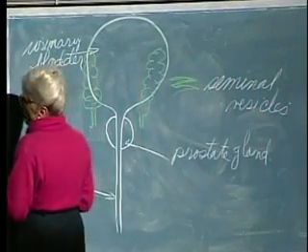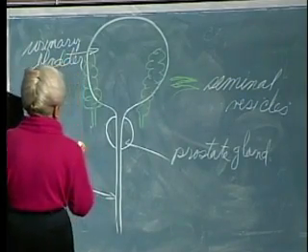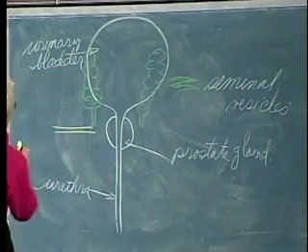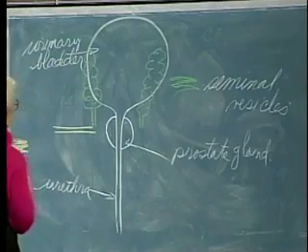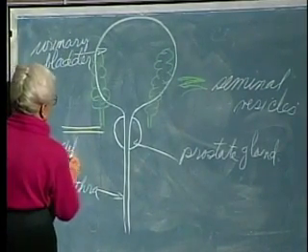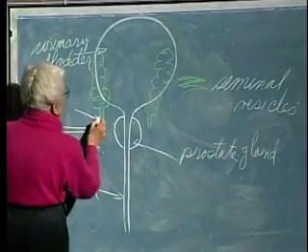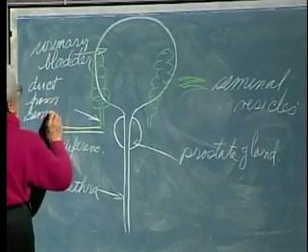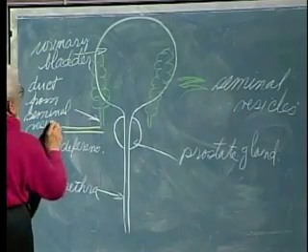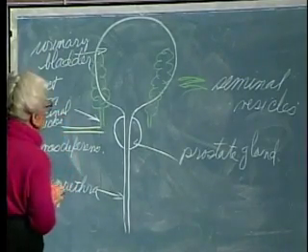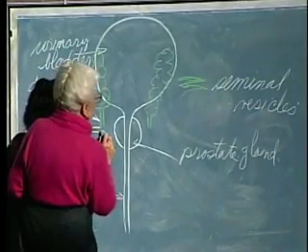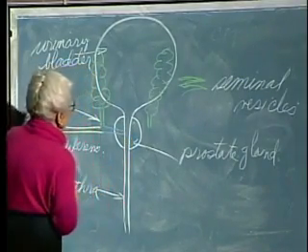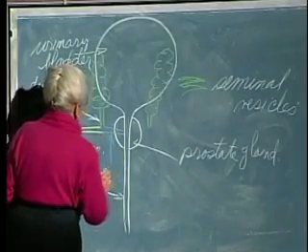And here comes our Vas Deferens, which will join with the duct from the seminal vesicles and will form the ejaculatory duct, which will penetrate the prostate and bring the contents into the urethra.